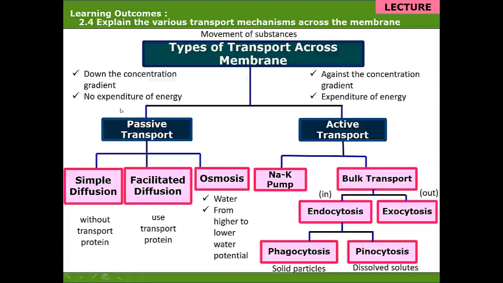For passive transport, no expenditure of energy is required. While active transport involves the movement of substances against the concentration gradient, from lower to higher concentration. So this requires energy in the form of ATP.